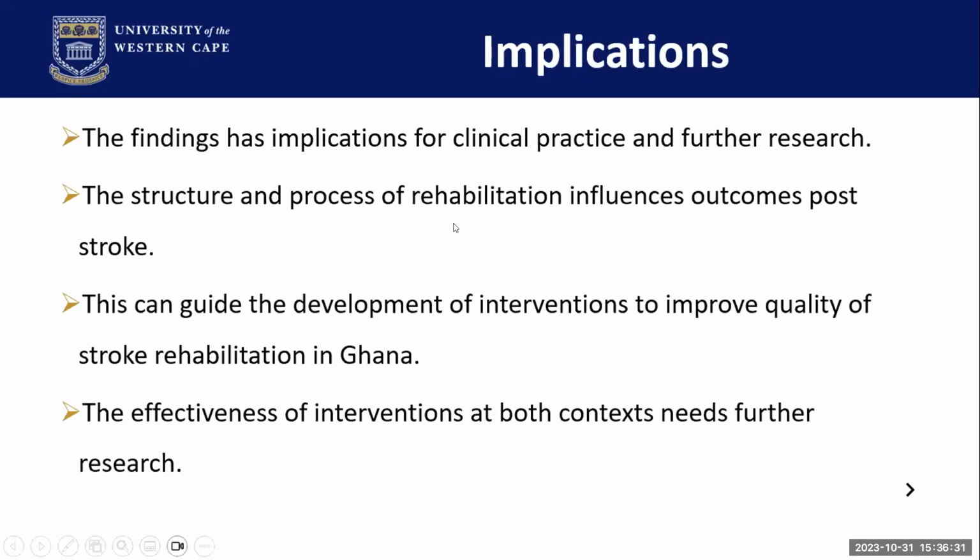Then, according to the Donabedian model, the structure and process of rehabilitation influence outcomes post-stroke. So if you have an outcome such as community reintegration, which is improving, then we also need to explore the structure and the processes of stroke rehabilitation in these two different contexts.